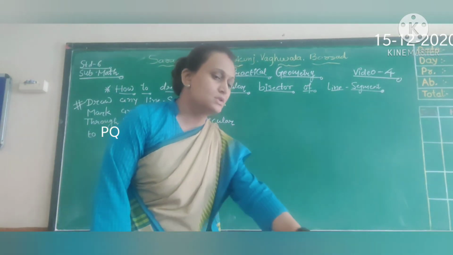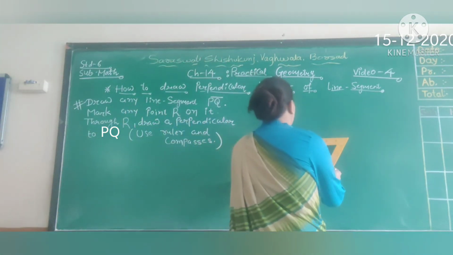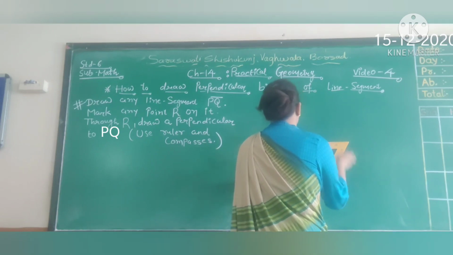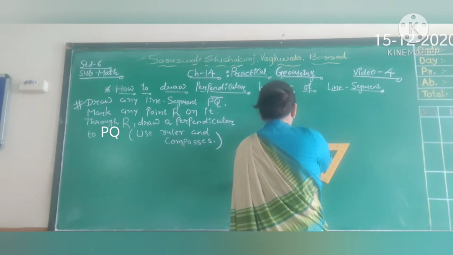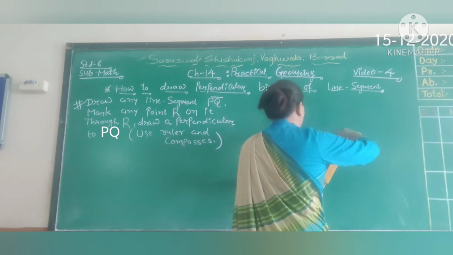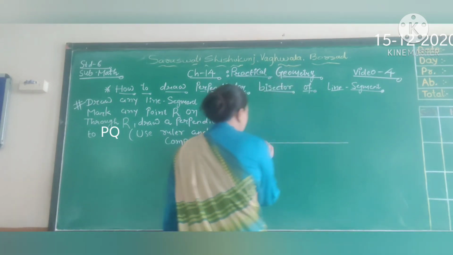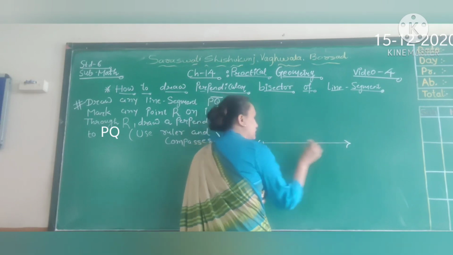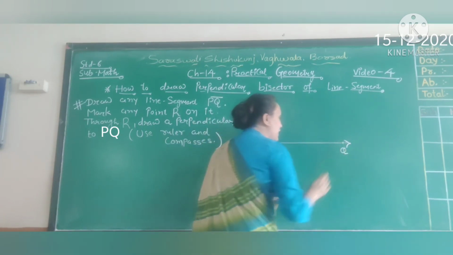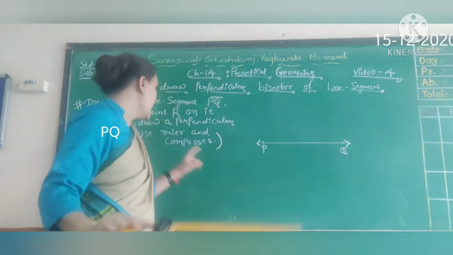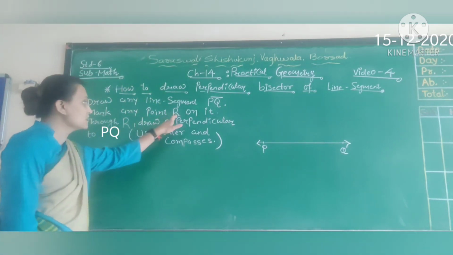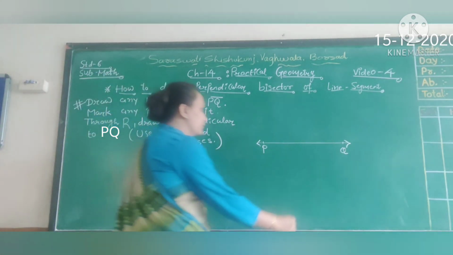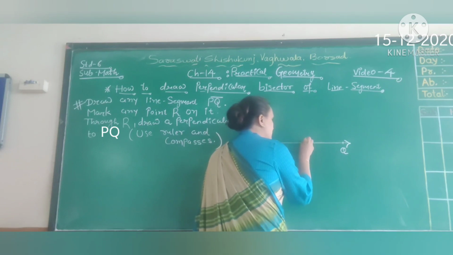Let us start. With a convenient measurement, first draw a line segment PQ. So this is your line segment PQ. Now on PQ we have to take a point R. So let us take point R here.